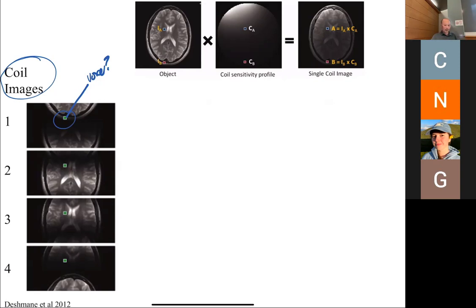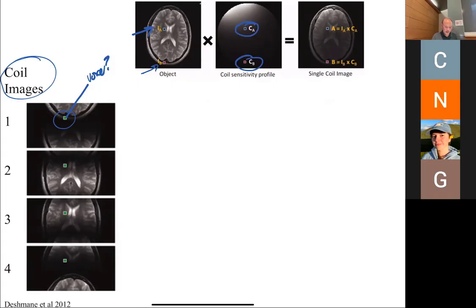So a voxel here and a voxel here will appear to be in the same place. And also each of those voxels has some coil sensitivity.